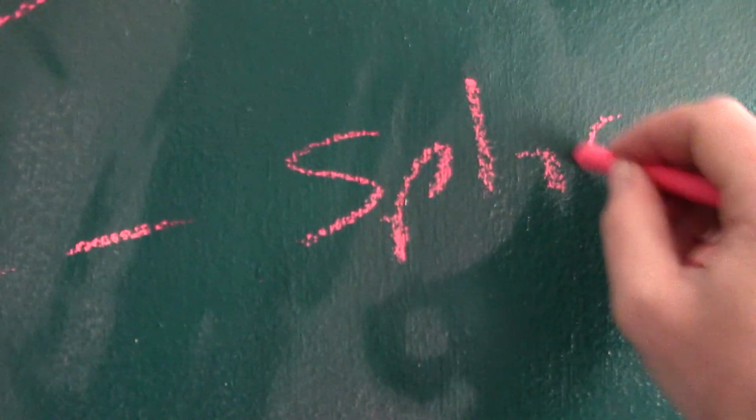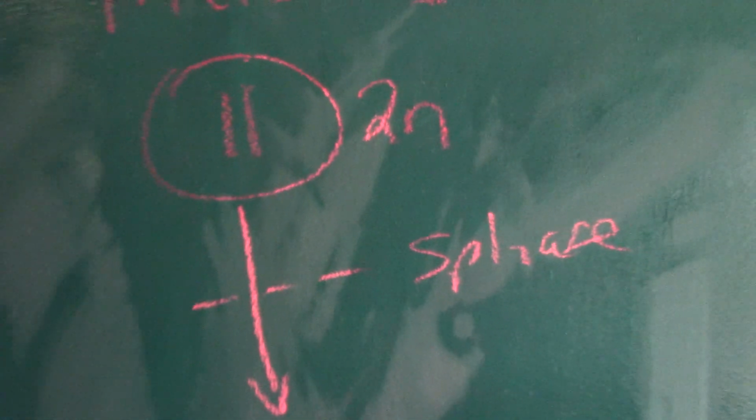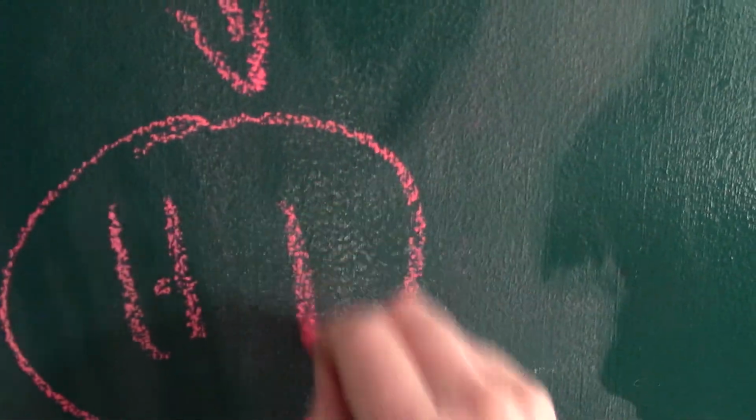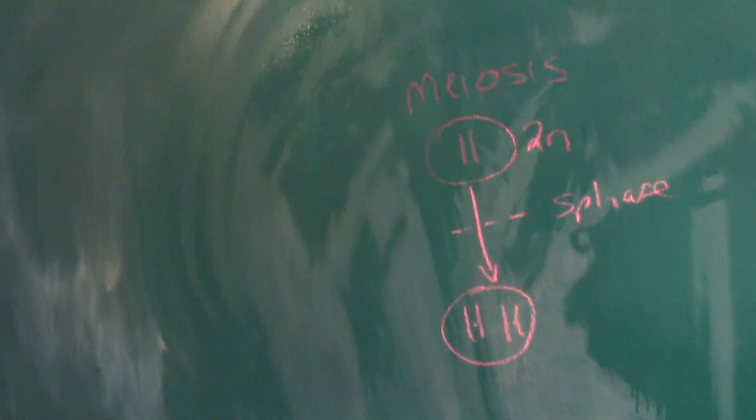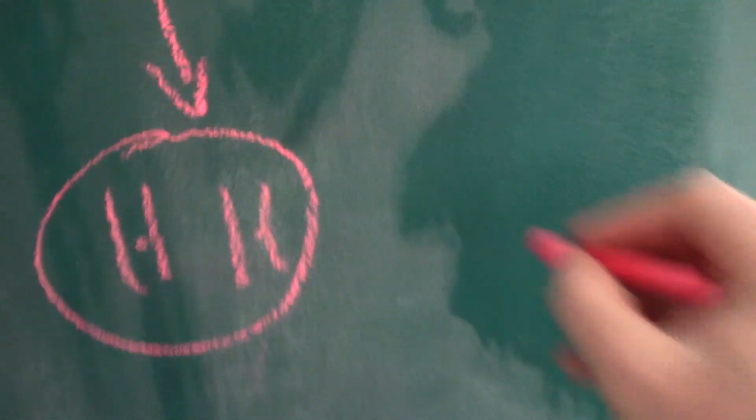So you have this, and then you have the S phase of interphase. This starts the same way. Cells duplicate, so that's now diploid. And then you're going to have your first division, and that's meiosis 1.